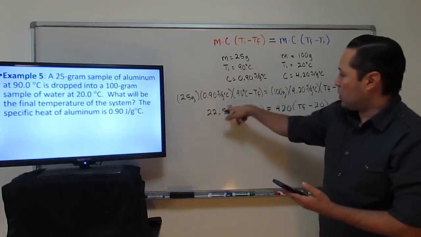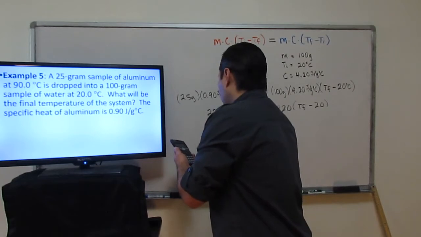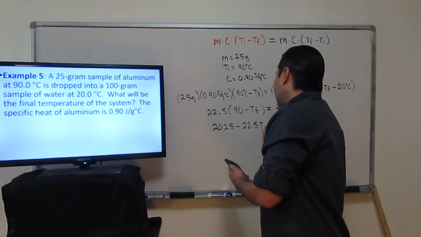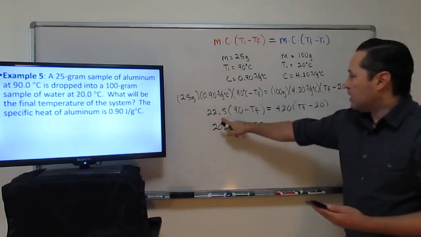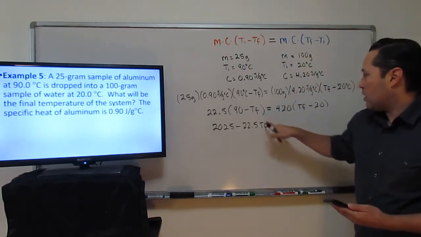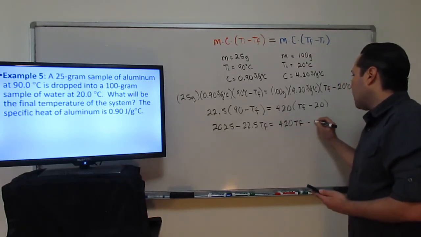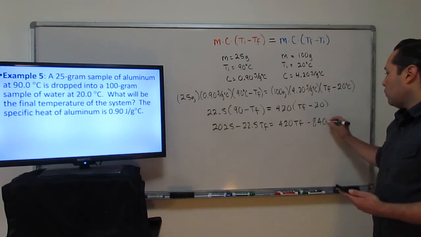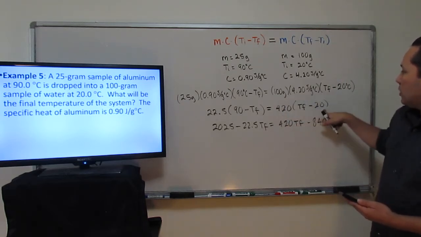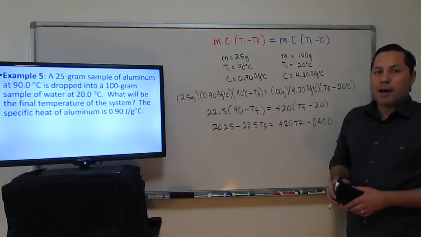We're distributing the 22.5 to the 90 and to the Tf. We end up with 2025 minus 22.5 Tf. On the right, we do the same. It's going to be 420 Tf minus 8,400, after we distribute the 420 to the contents of the parentheses. What comes up for us next? We're going to combine like terms.